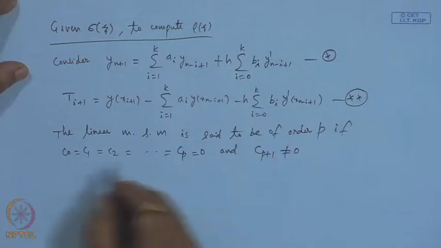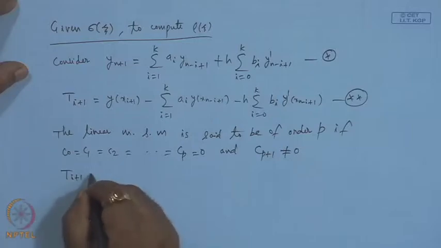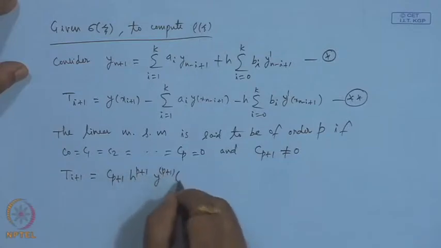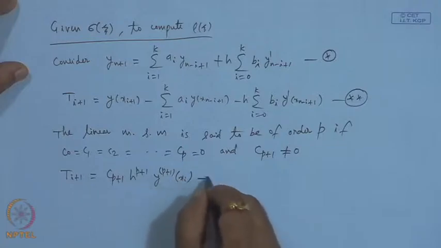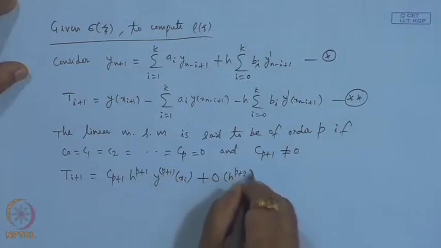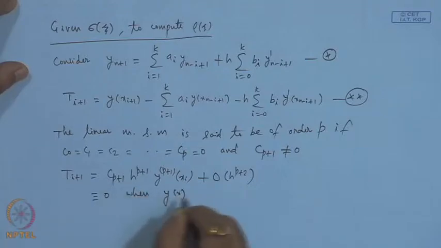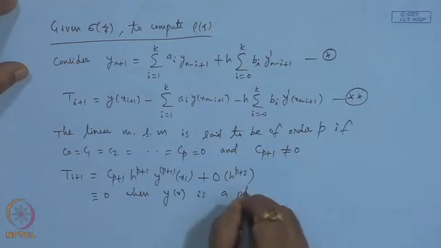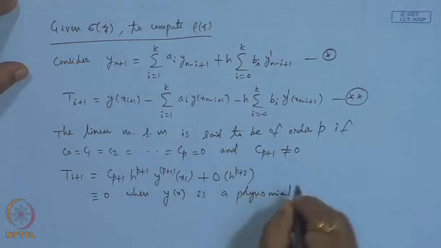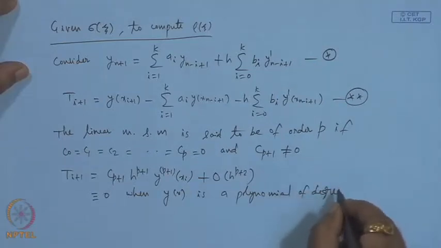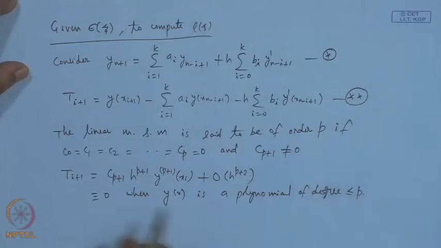Accordingly, T i plus 1 we get this, that is identically 0 when y of x is a polynomial of degree less than or equal to p.